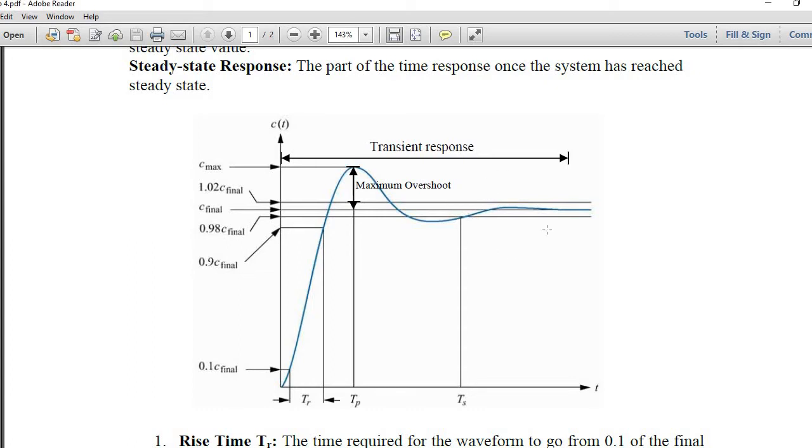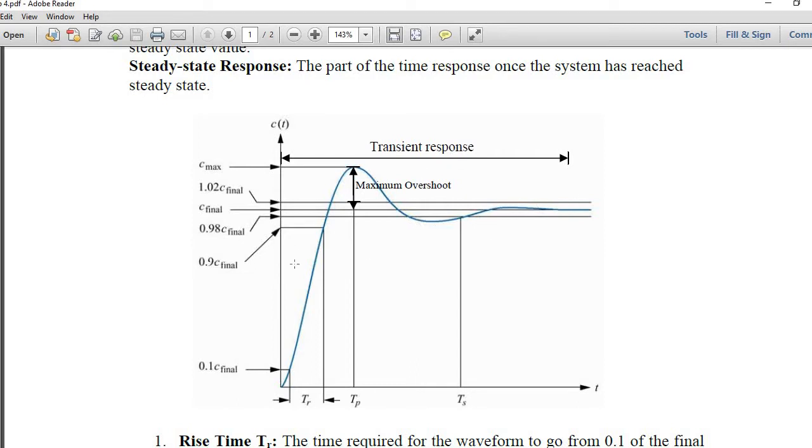Now this first part of the response, the initial one, which is known as transient, is very important. Why? When we start the system and give input, it takes some time to reach the final value. When it reaches the final value, it has some overshoot for some time, and then it tries to reach the steady state value.